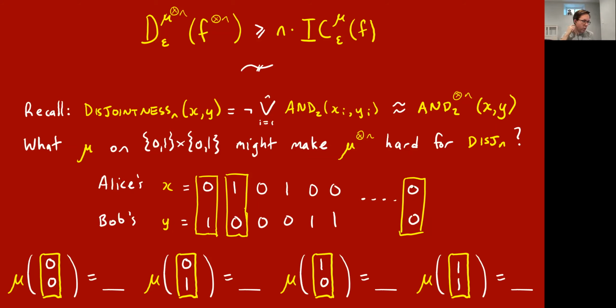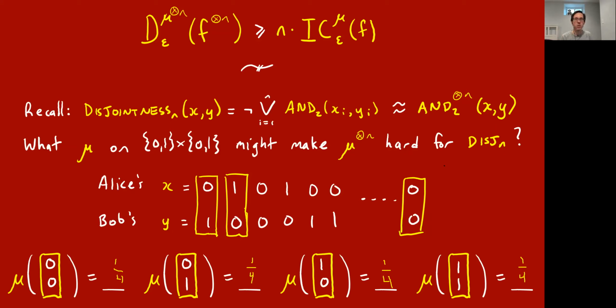So one suggestion was that you could make mu be independent. That would be like saying, okay, I'm going to do a quarter, a quarter, a quarter, a quarter. And that actually corresponds to x and y just being independent uniform strings. The thing is, at least intuitively, this does not make it too hard for Alice and Bob, because if Alice and Bob both get completely random strings, then 1 minus 2 to the minus n of the time, the answer is going to be no, the strings are not disjoint, because you have a quarter chance of having a column that's 1,1. So probably you're going to have some column that's 1,1.